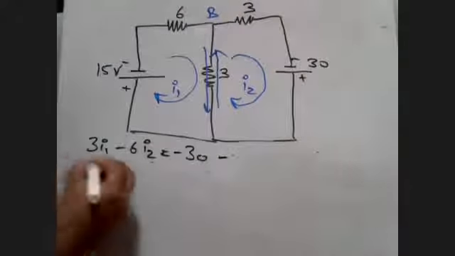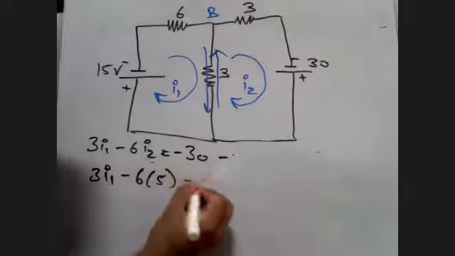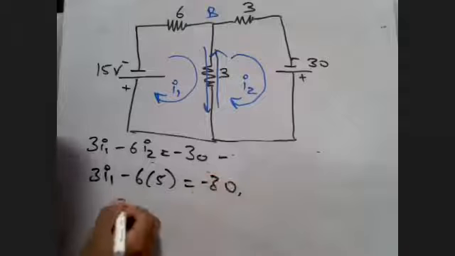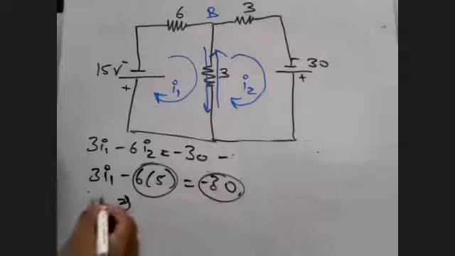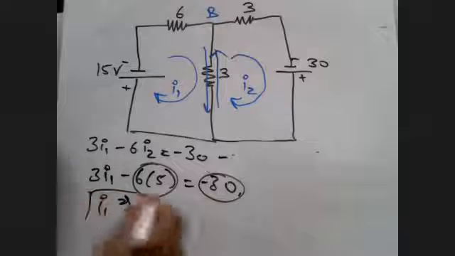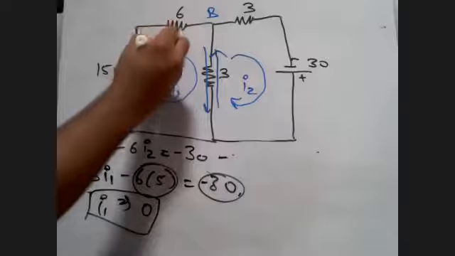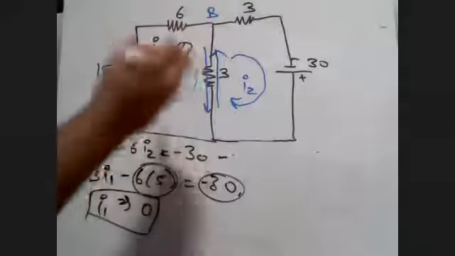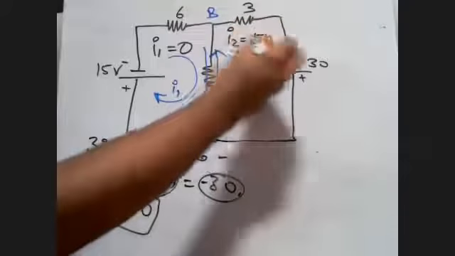It's going to be 3 I1 minus 30 equals to minus 30, and this 30 will get cancelled. You will get I1 equal to 0. So current through this branch I1 is 0. Current through this is 5 amperes.